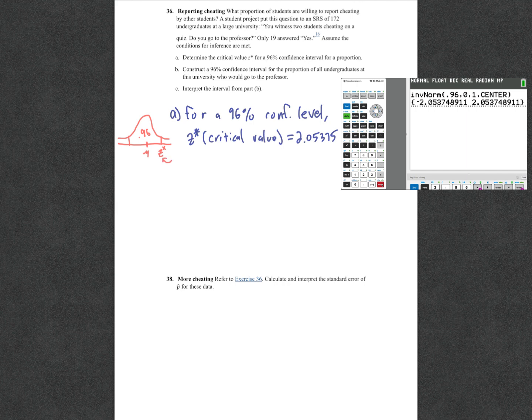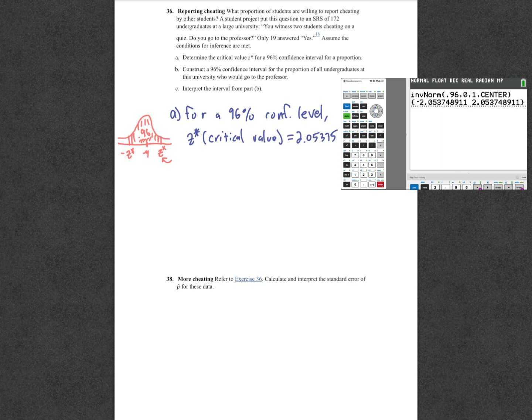And this would technically be negative z star here. And that's just all this area. That'll be the z-scores associated with 0.96 of the area being in between two values, a negative and a positive value.